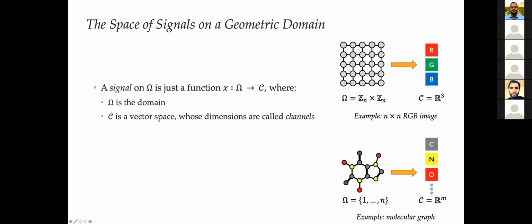So there might be carbon atoms, nitrogen, oxygen, and for each node in the graph, each atom, you assign a one-hot vector that tells you which kind of atom this is.